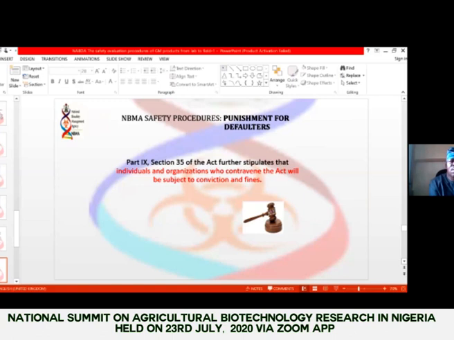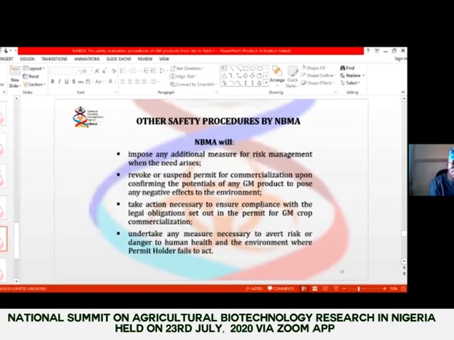This conviction may be 5 years imprisonment or a fine of 2.5 million naira or both, depending on the discretion of the judge. And sometimes the facility can also be sealed up or confiscated.